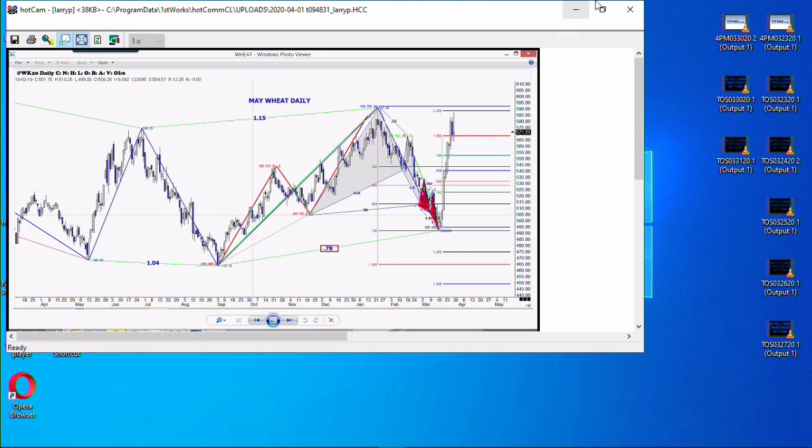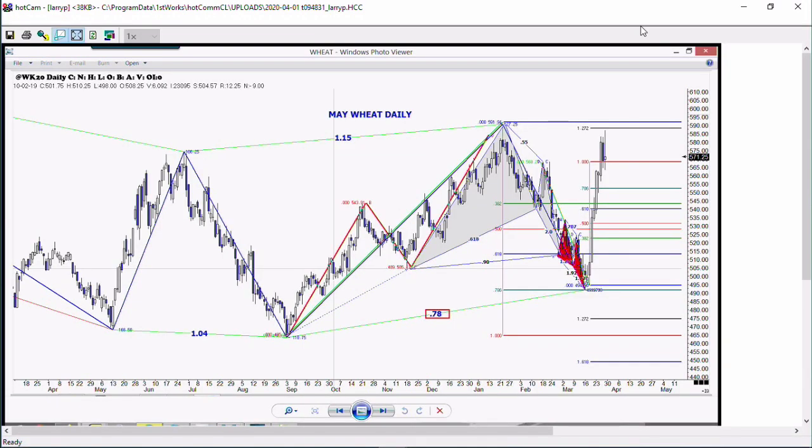We had a 3 drive to a bottom pattern, a 78% retracement, and you can see that we went from 495 to 585. That's a $4,000 move in 8 trading days. So we're having some big moves in some of these things, and we will have. There's going to be some great opportunities coming through all of this. So we've got to make sure that we're doing these things, that you get ready to be able to hold on together. So that's it.